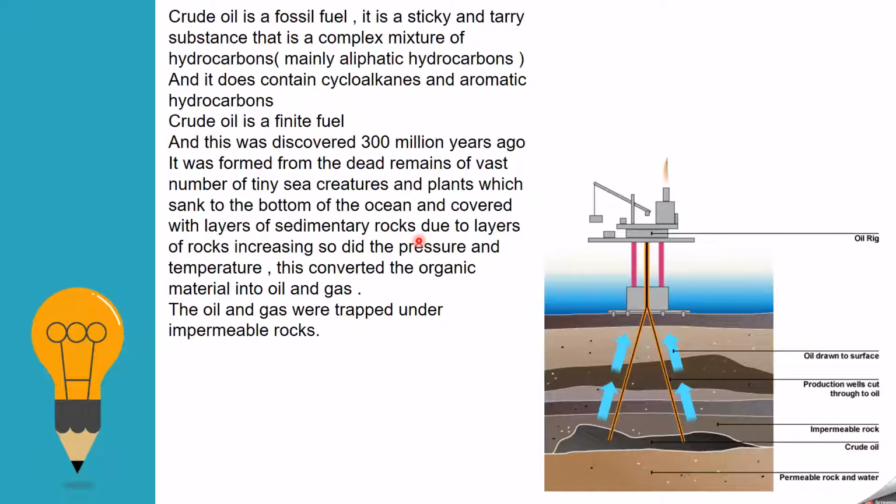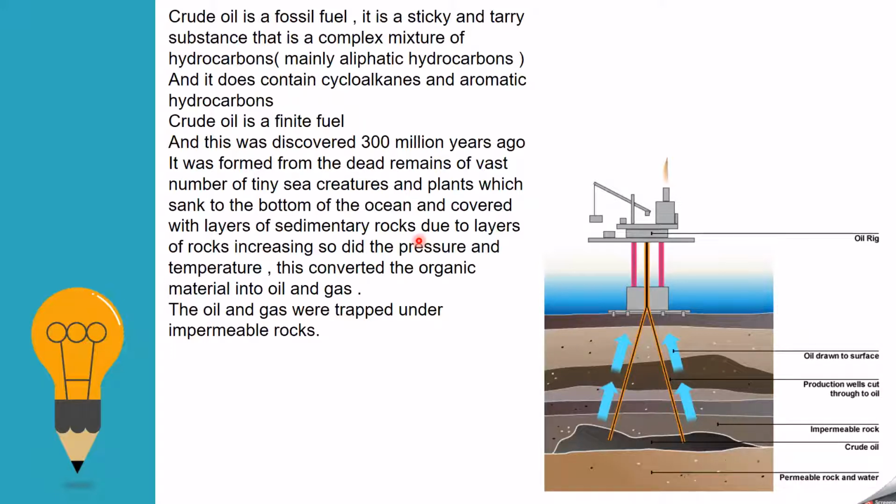Crude oil is a finite fuel, so it's non-renewable. It was formed 300 million years ago from the dead remains of a vast number of tiny sea creatures and plants which sank to the bottom of the ocean and were covered with layers of sedimentary rocks. As the layers of rock increased, so did the pressure and temperature, due to the lack of oxygen.